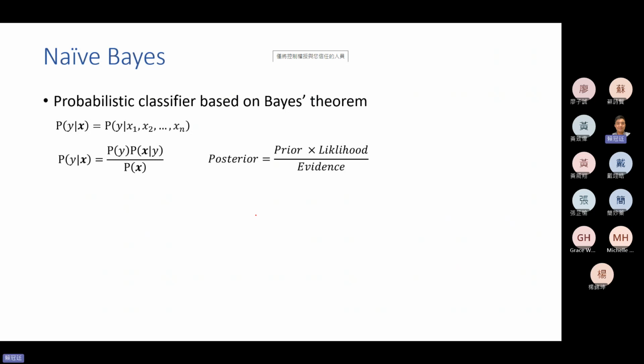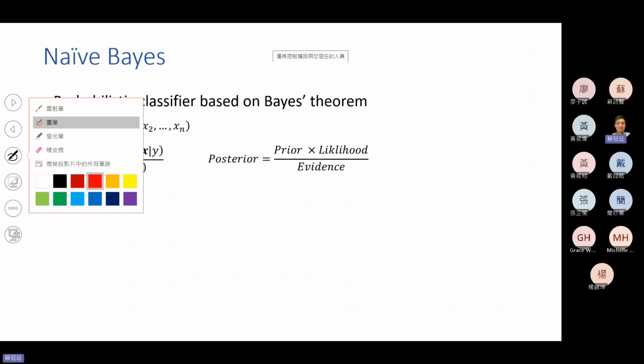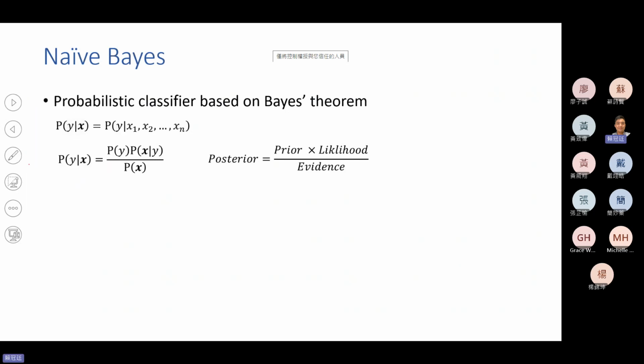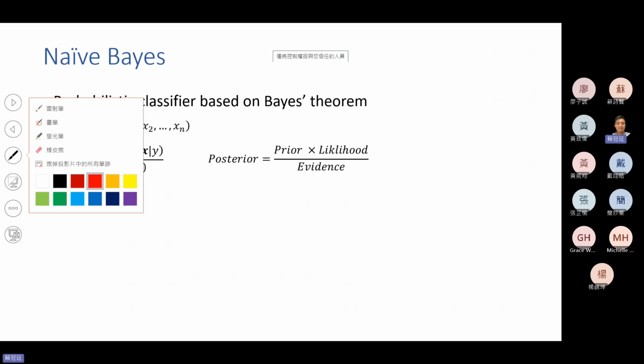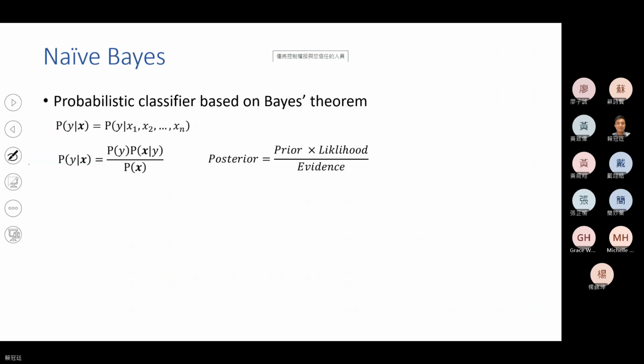Let's quickly review conditional probability. P of Y given X is equal to P of Y and X divided by the probability of X. This AND means Y and X both happen at the same time.